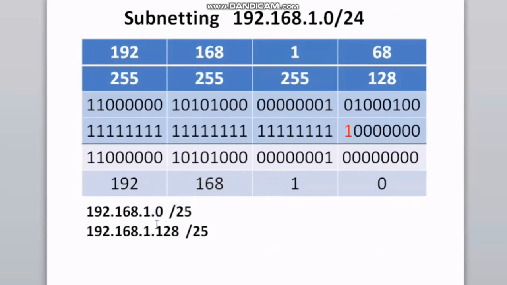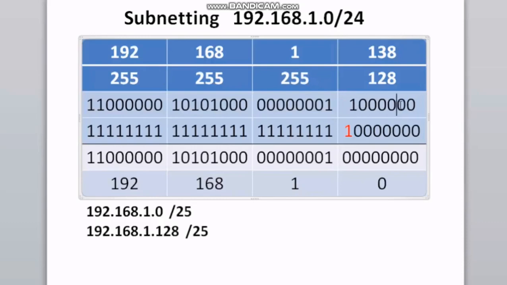This makes sense because the next subnet is 128, so if we put in a host address larger than 128, we'll see if it falls in this subnetwork. Let's change the host address to 138. I'll set the 128 bit to a 1, and put a 1 here and here. So 128 plus 8 plus 2 is 138.